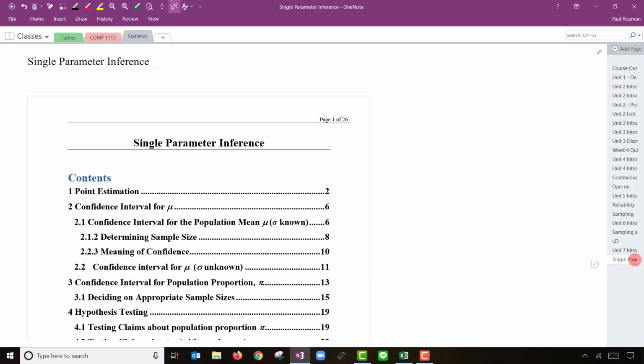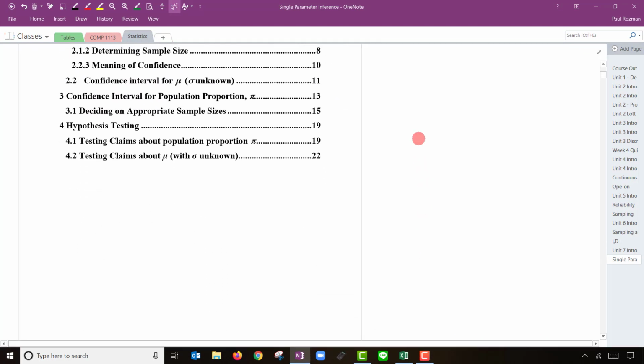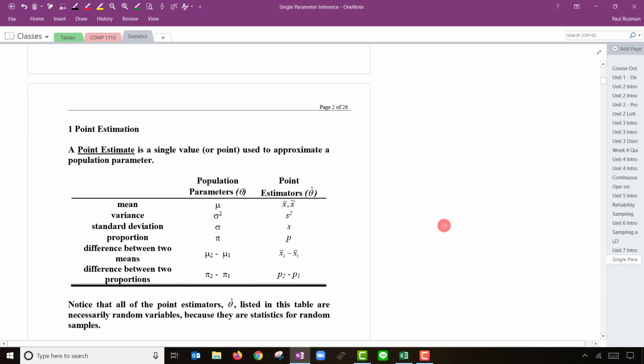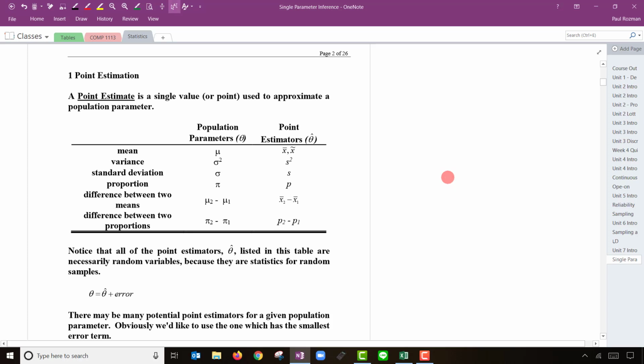Here we are in our unit on single parameter inference. We've been estimating population values basically since day one of the course. Day one of the course, we talked about how X bar was our typical estimate for the population parameter mu.